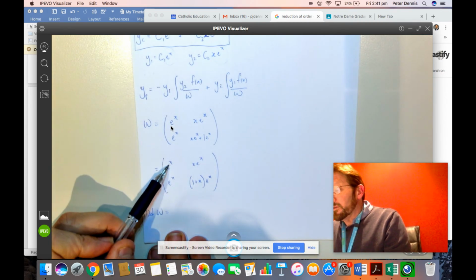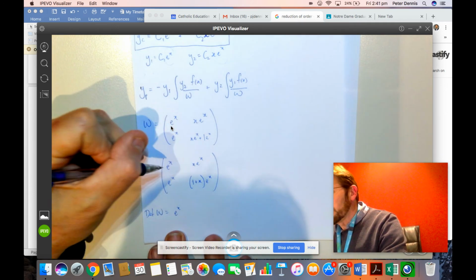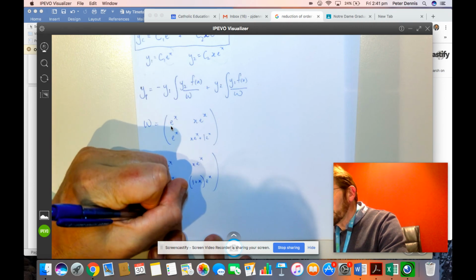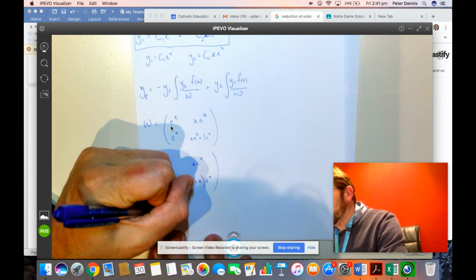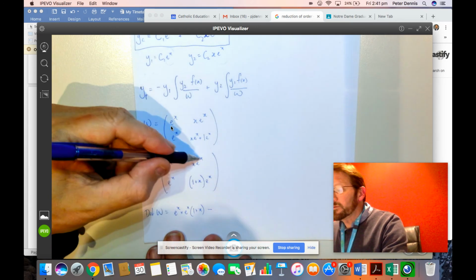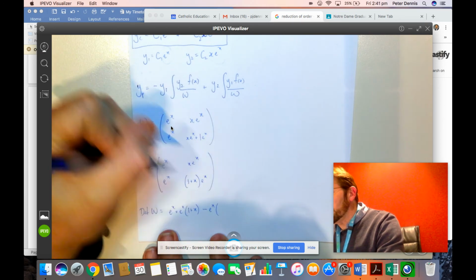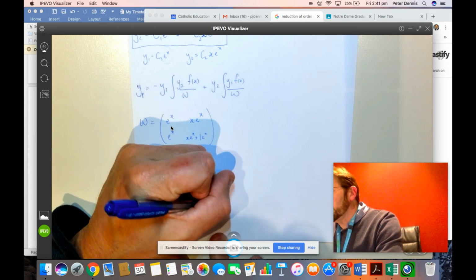So it's going to be this times this, which is e to the x times e to the x outside of 1 plus x, minus the other one, which is e to the x times x e to the x.